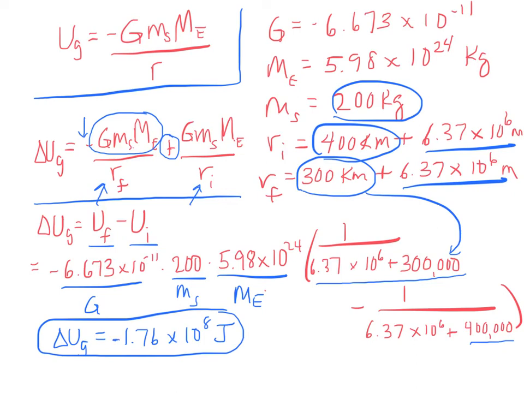I'm sorry, I should have had a negative sign in front of that, because I've got the negative sign here in the formula, and I'm going to have a positive number coming out of the parentheses on the right. So you end up getting a negative answer, because as I get closer to the Earth, I lose gravitational potential energy.